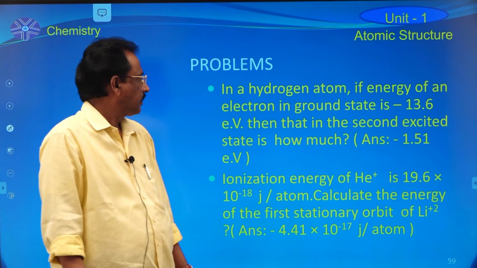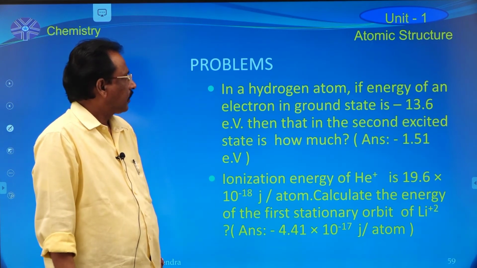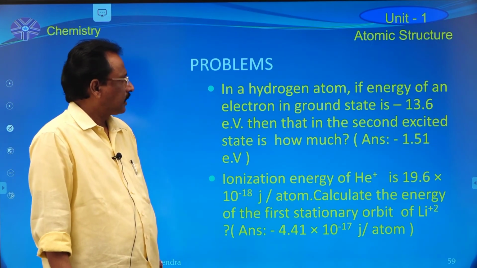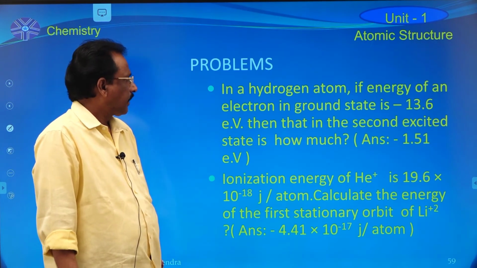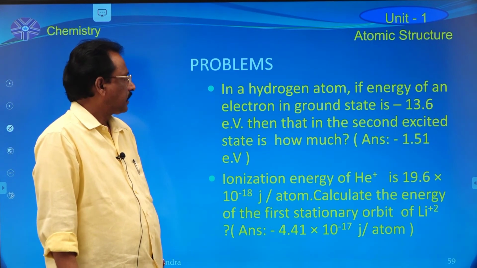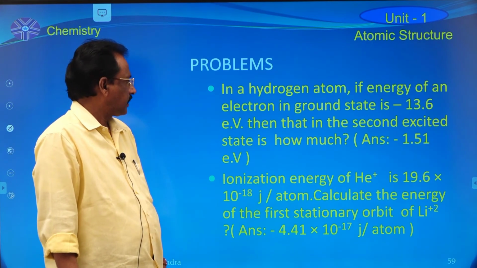Now the next problem: in a hydrogen atom, if the energy of the electron in the ground state is minus 13.6 electron volts, then what is it in the second excited state?